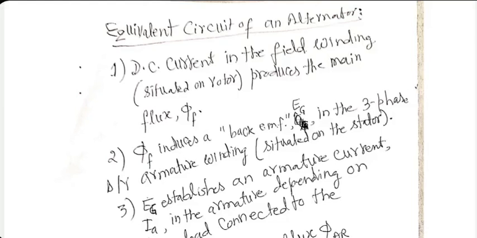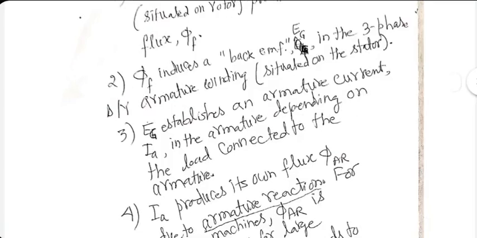So magnetic flux produced, let's call it phi F. Phi F induces something called a back EMF. Again, in AC machines also we use that word. This is the open circuit voltage that you'll get out of the generator. And now rather than calling it EB, I'm calling it EG because that is what most of the books use for back EMF in an AC generator.